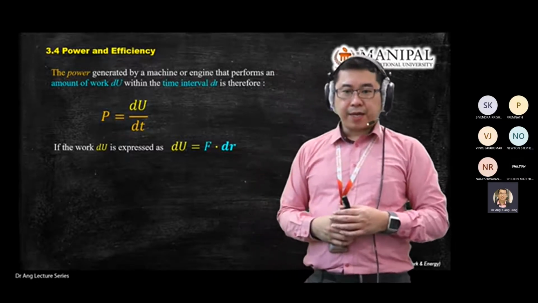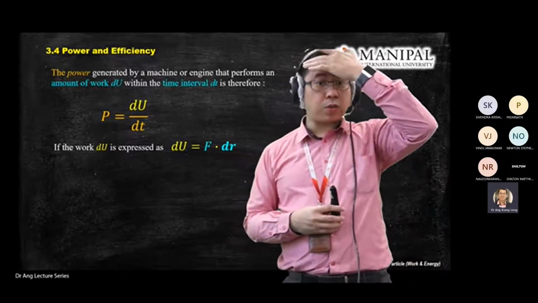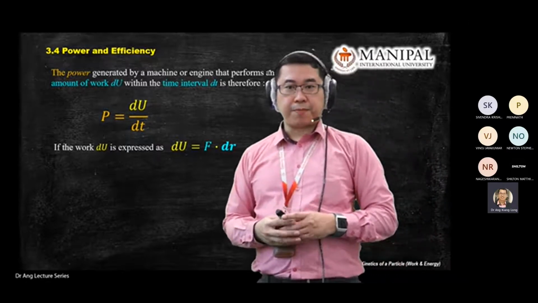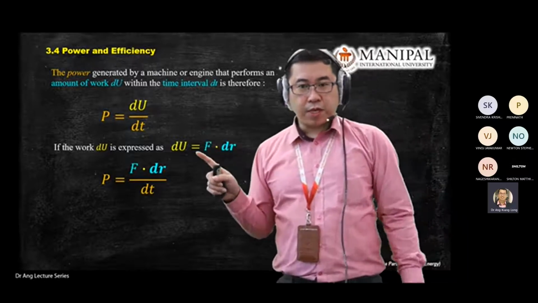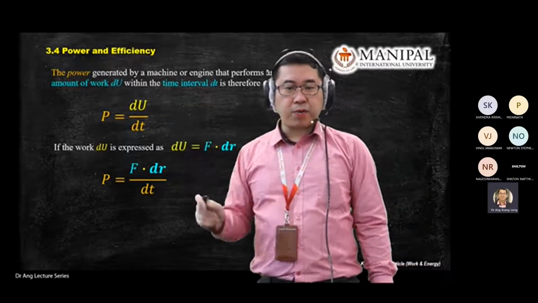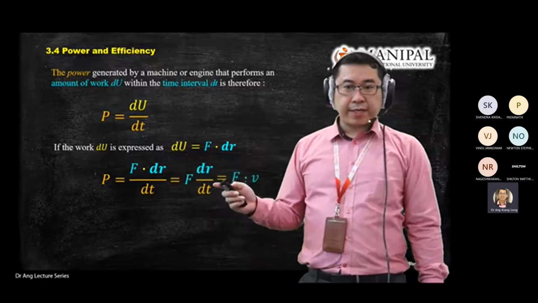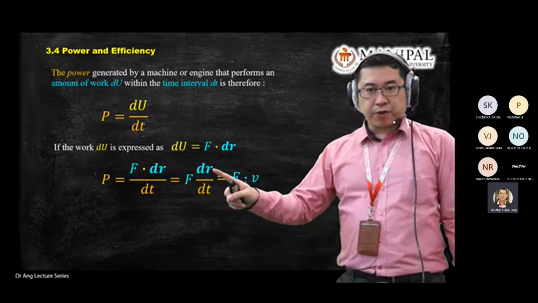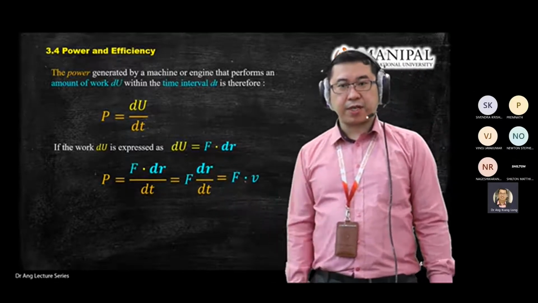I already prepared your final exam question, so there will be one question for this chapter. If you substitute the work equation into the power equation, you get the rate of change of your position or displacement, dr over dt, which is velocity.